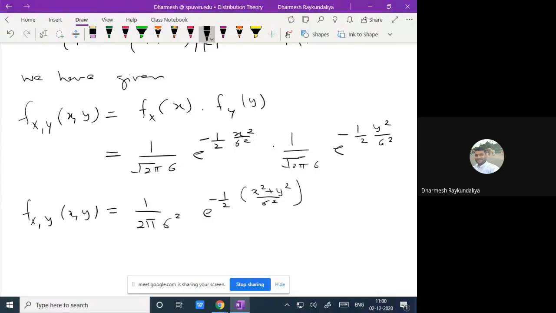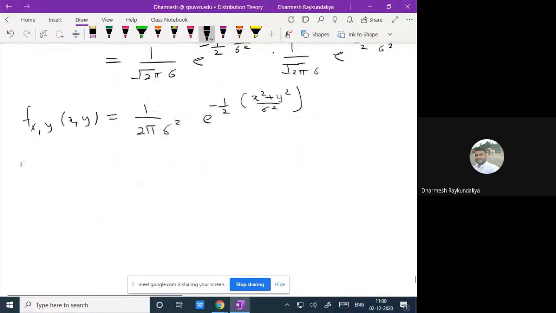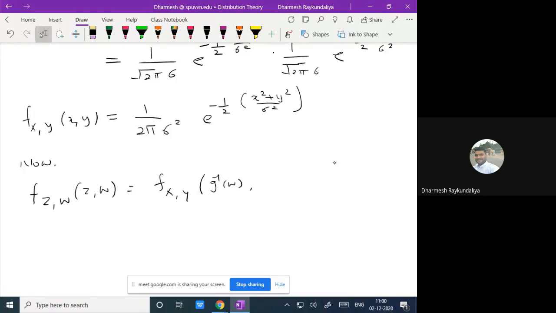Okay, so this is what f of x, y is. Now the joint density of Z, W: you have to just substitute wherever there is x and y, and then multiply by the Jacobian. So f of x, y is evaluated at G1 inverse of z and G2 inverse of w, into the absolute value of the Jacobian.